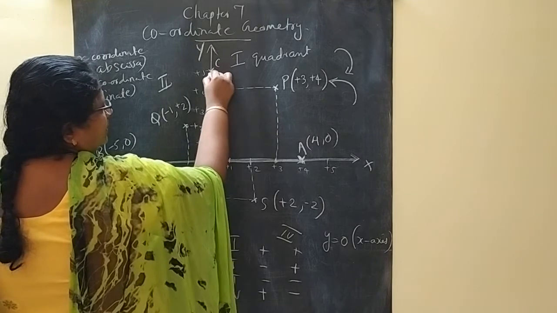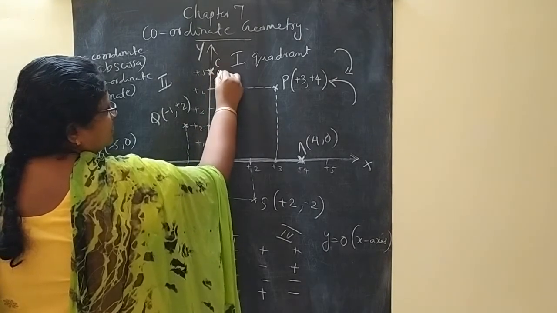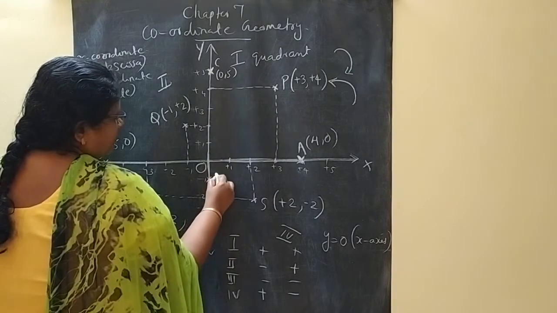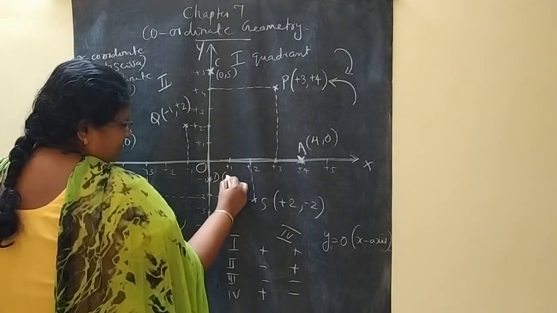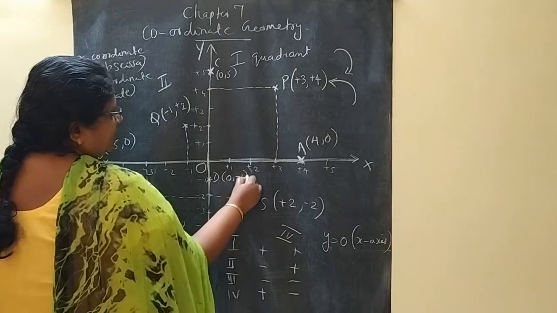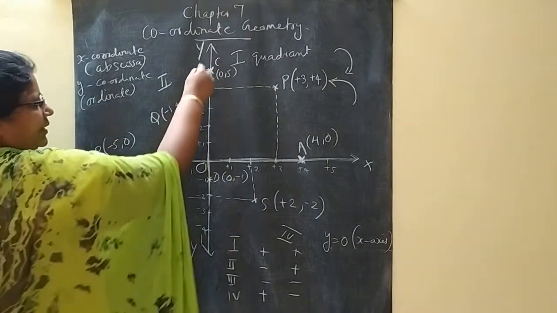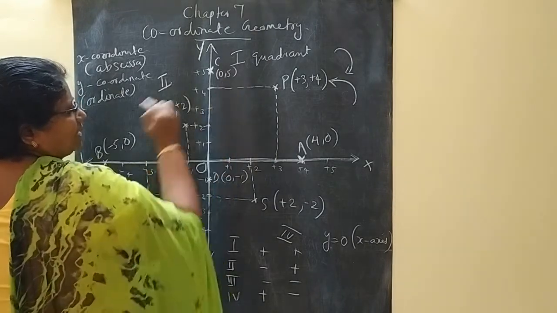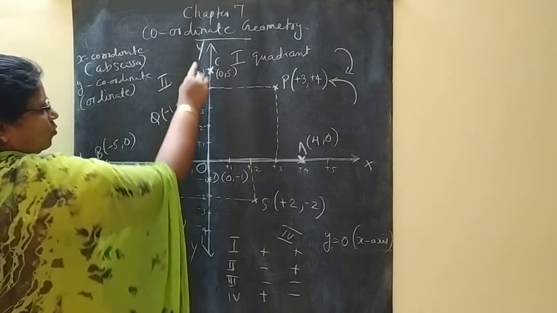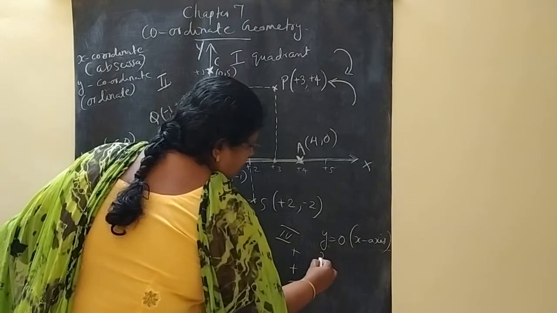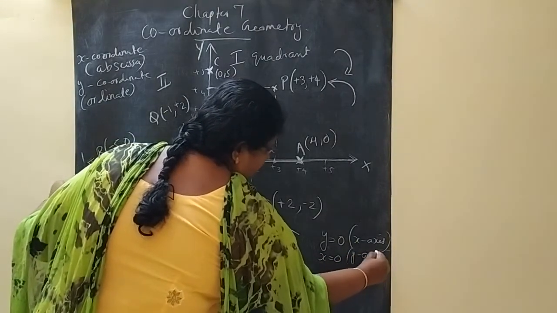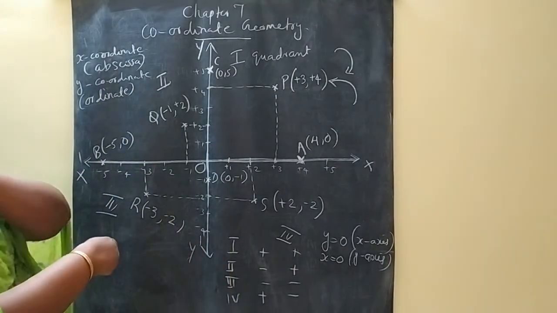See, here this point is 0, 5. If we mark a point here, D, that point is 0, negative 1. So, x is 0, y some other value. So, y-axis means x is equal to 0.